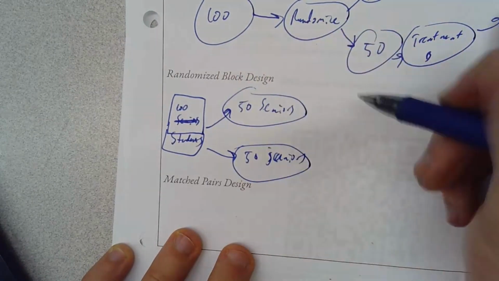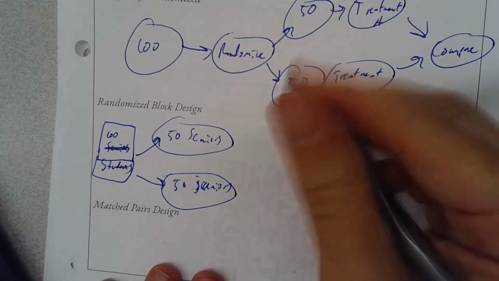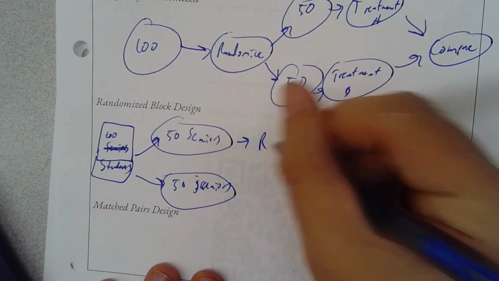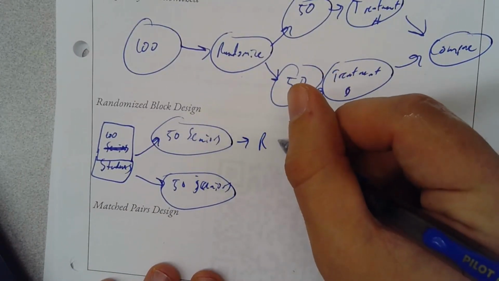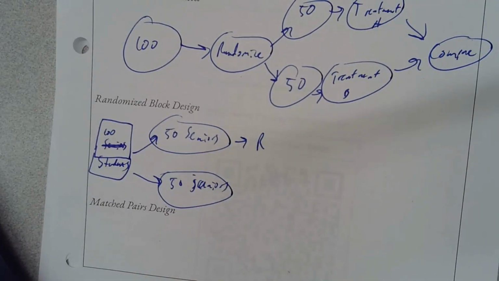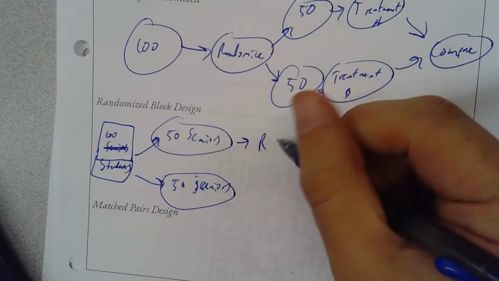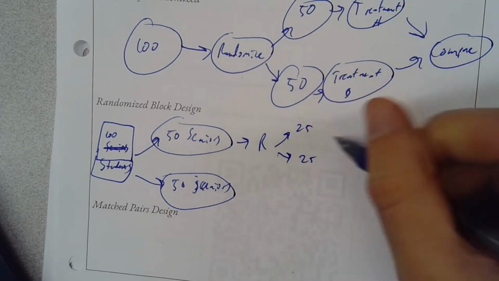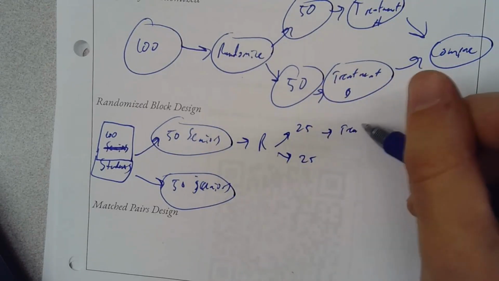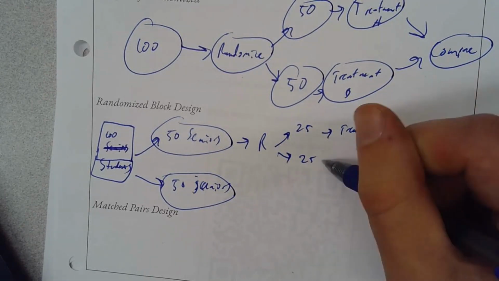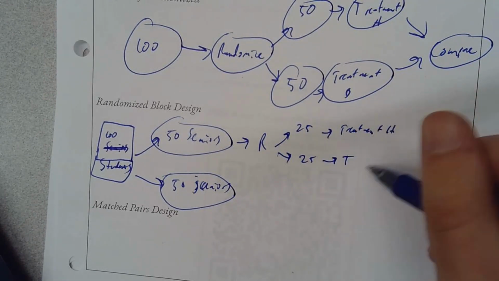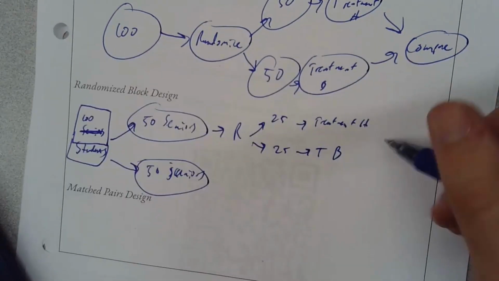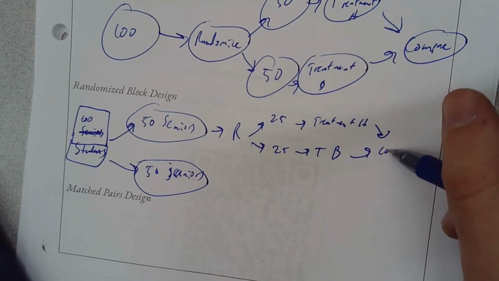And then it's basically you copy this exact same process. I'm just going to say randomize, R, and you would split them into 25 and 25, then treatment A, treatment B, call it TB, and then you would compare.